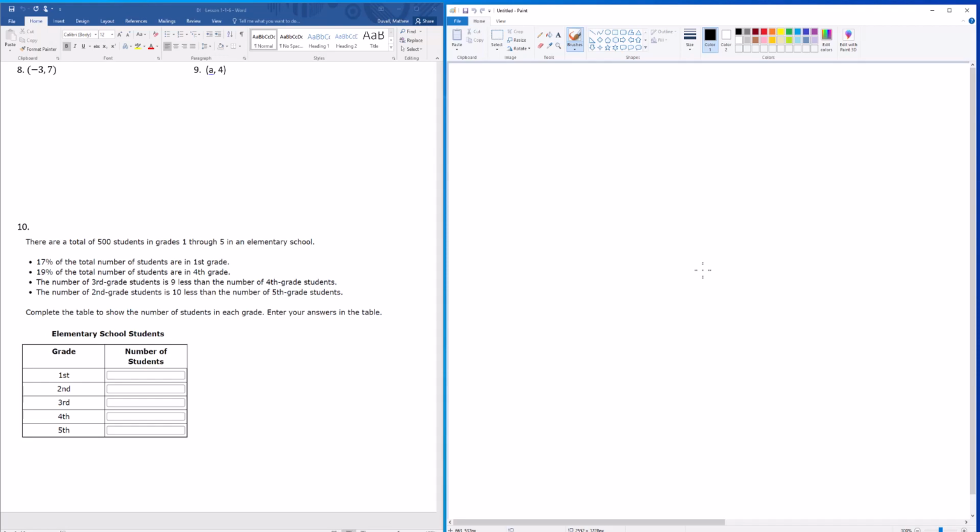So first and fourth grade are kind of the easiest. If I have 17% of 500, then you're going to do 0.17 times 500 in your calculator, and that's going to be for the first grade. And then the same thing for your fourth grade, that's going to be 0.19 of 500.